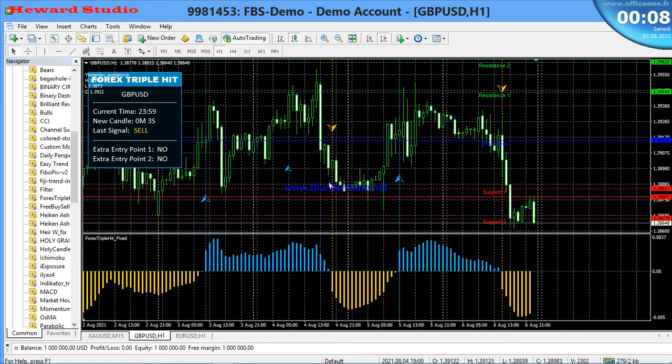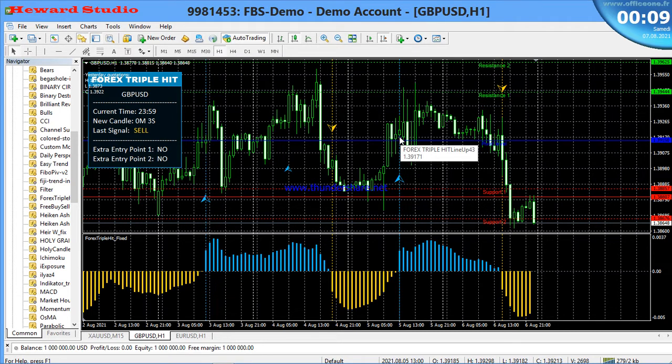Now let's get to this particular point. Whenever you get here, there is something you need to see here. I have my resistance here, I have resistance number 2 here, I have my support here, and I have the support number 2 also here. So what I normally do is, let's check something from here. Here is the buy. Let's say that I got my buy from here. Okay, this showed the buy, so immediately I get the buy sign.